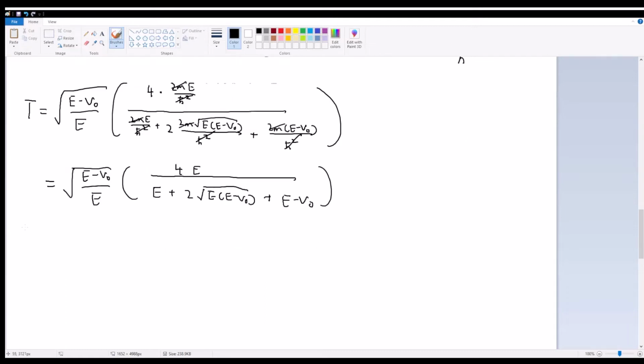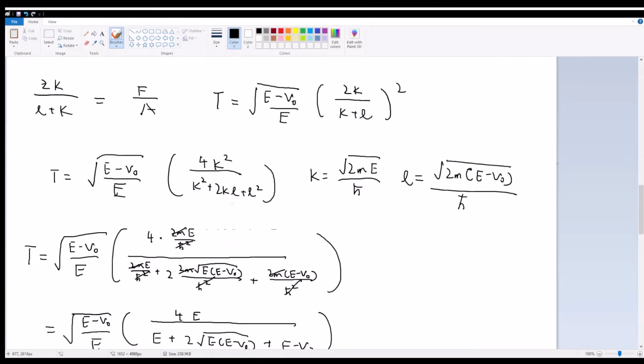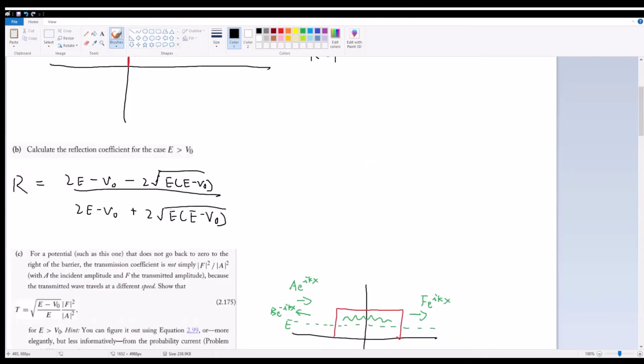Combining the two E's, we get the square root of E minus V naught over E multiplied by 2E minus V naught plus 2 square root of E times E minus V naught, all divided under 4E. So at this point, we want to prove that this added with R does in fact equal 1.